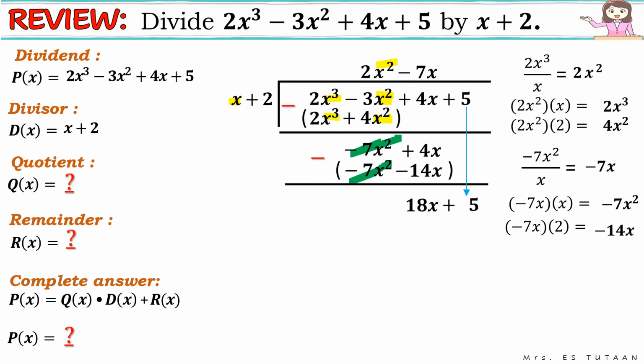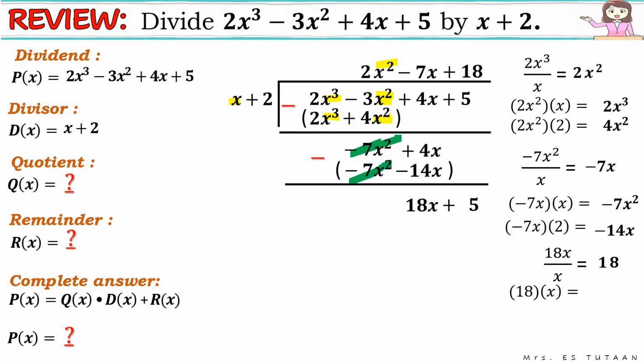And then bring down positive 5. And then we will repeat the process. We have 18x divided by x. That is equal to 18. So, isusulat natin siya sa ating quotient part aligned with the constant term.